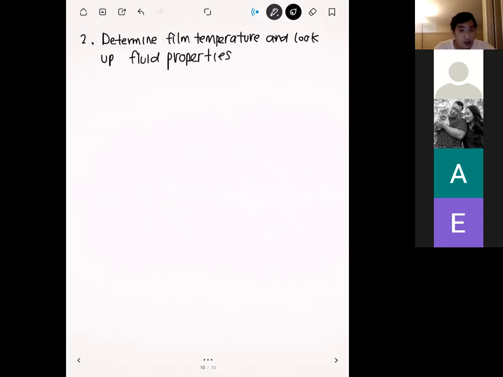Okay. And so in this problem, we're not given a film temperature, and so we can compute it based on the other temperatures in the problem. Right. And so when we're not given a film temperature, we just simply take the average of the fluid temperature and the surface temperature.